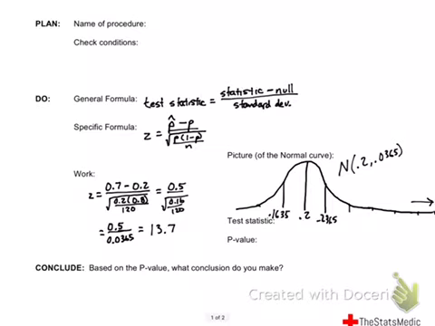Okay, so the test statistic was z is 13.7. Now your p-value, this is basically your normal CDF. And we have a normal model, and we standardize this to a z-score. So now when you're using your normal CDF on your calculator, you just want to look for the tail to the right of a z-score of 13.7.